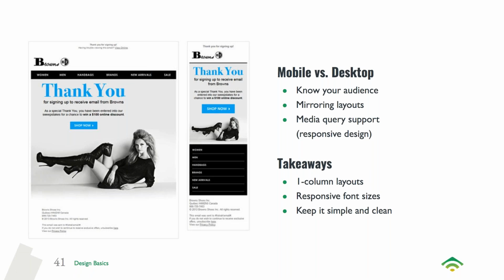It's easy for scalability, and mobile users can read it easily. And we want to make sure that for mobile devices that don't support media queries, which is responsive design, your template will still render easily in those mobile clients. So the takeaway here is, again, just one column, responsive font sizes, and keeping it simple and clean.